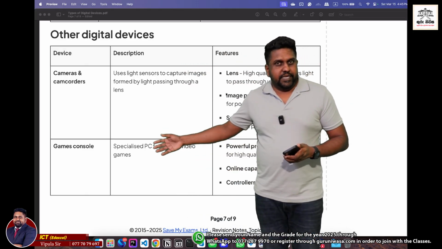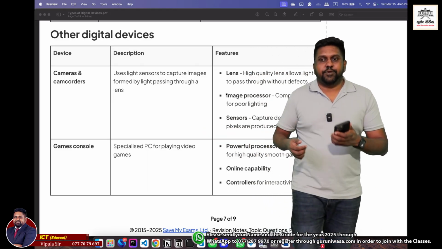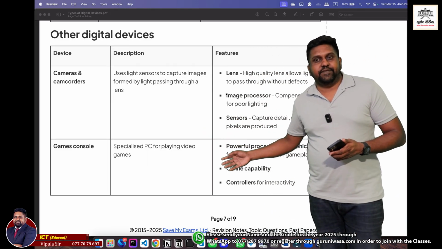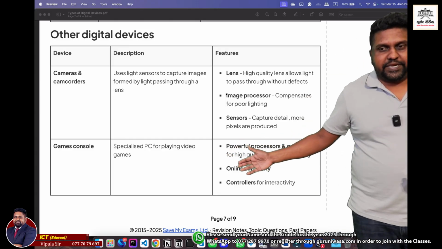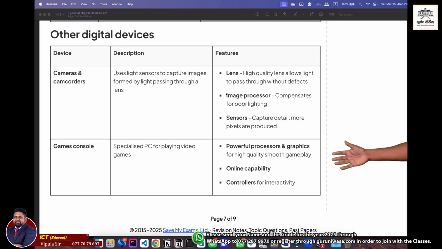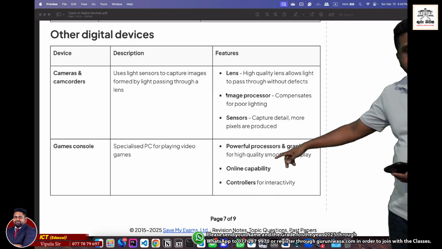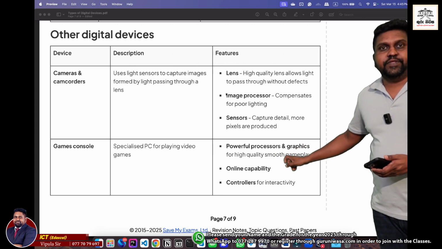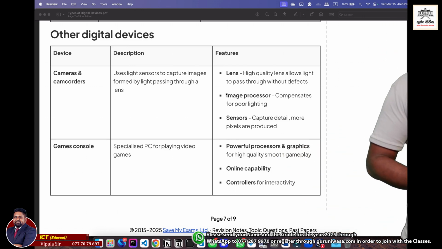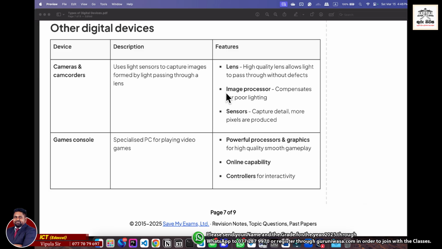Still it's handheld, so you have batteries, but it works as a portable device. Primarily the features are a powerful processor and graphics for smooth gameplay, plus they have online capability, and they do support controllers. So you do have the option of having a controller.